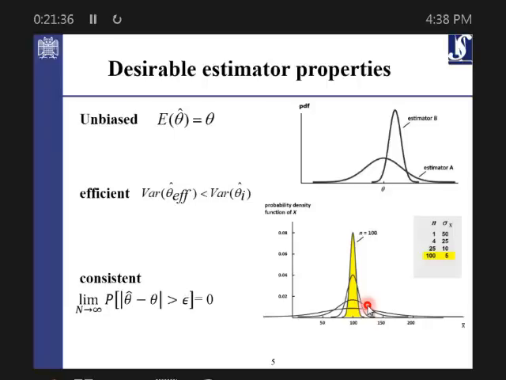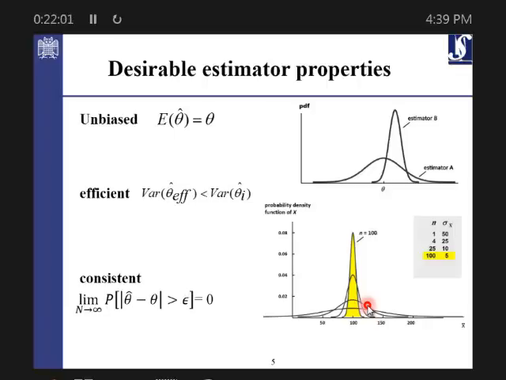Naturally, if the number of samples you can leverage to estimate that unknown parameter goes to infinity, you should have all the information about it, so you should be able to make that estimate completely without any deviation.